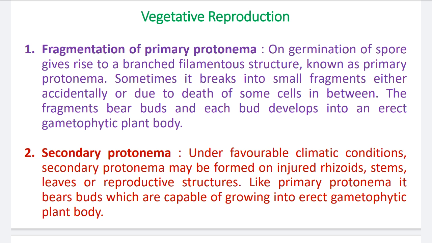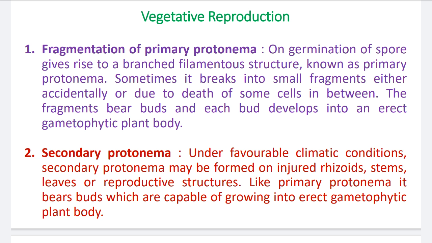Primary protonema means what? When the spore germinates, the protonema develops, which is the juvenile stage, the initial stage of the gametophytic plant body. When the protonema matures, it is converted into the gametophytic plant body. This protonema develops after the germination of the Funaria spore.